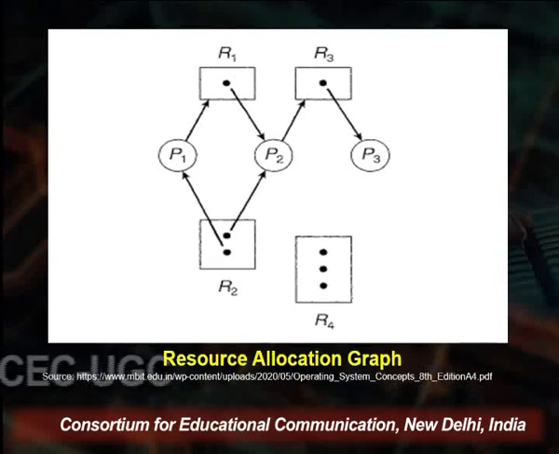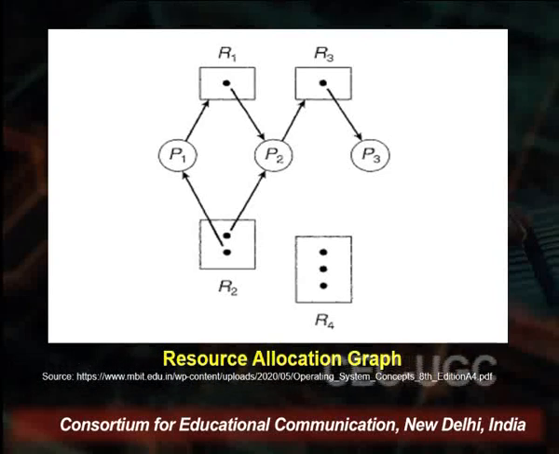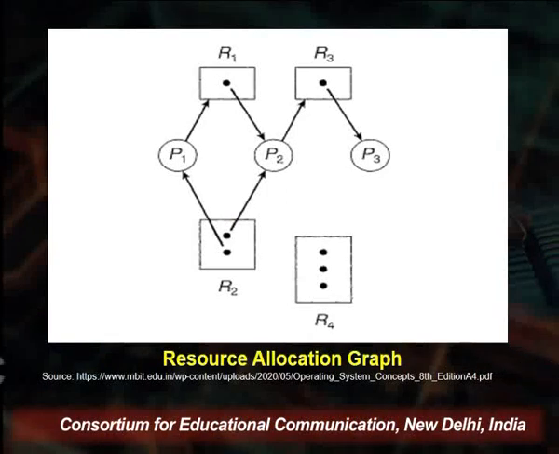With these three processes we have four types of resources, and some processes are waiting for resources, while some are already in a mode to hold the resources. All this is very clearly shown by this resource allocation graph.